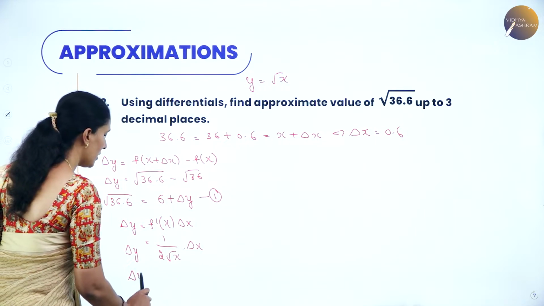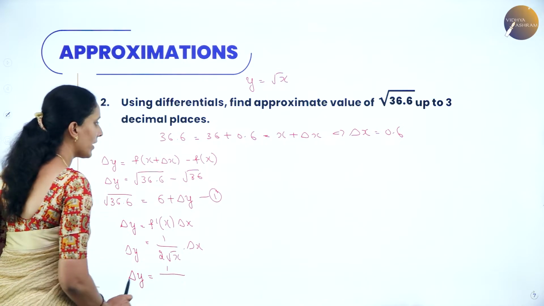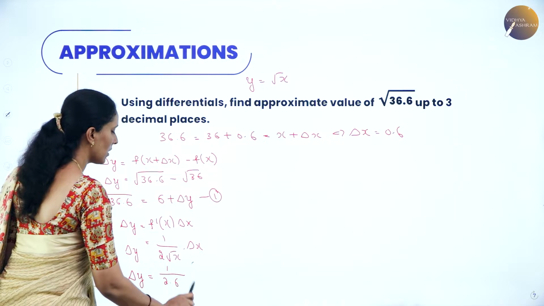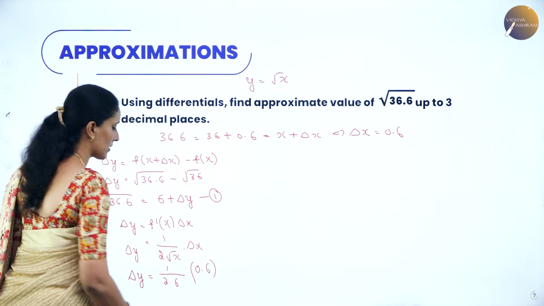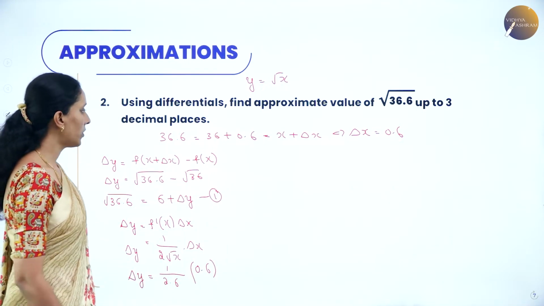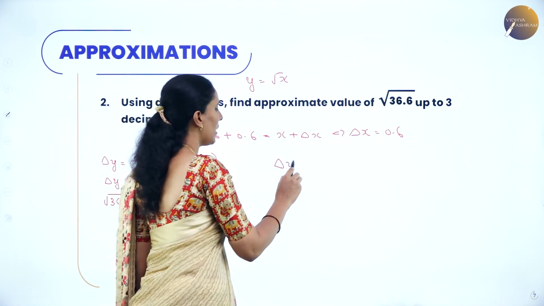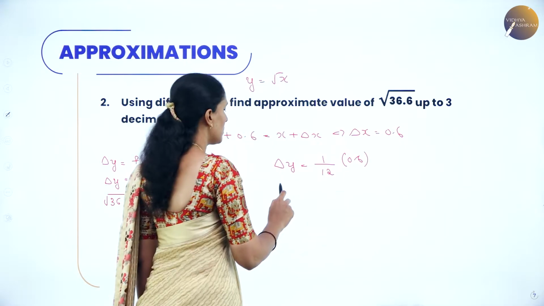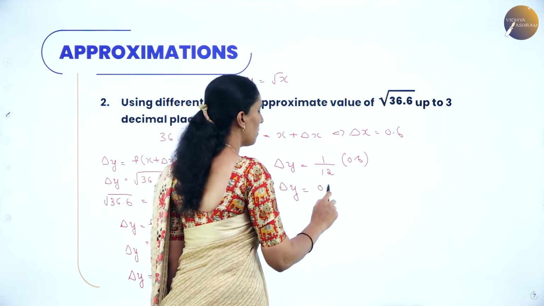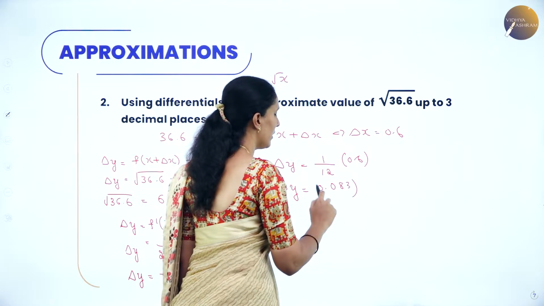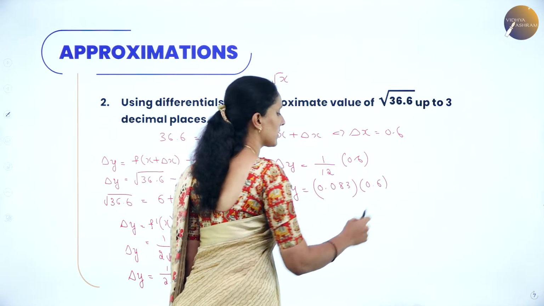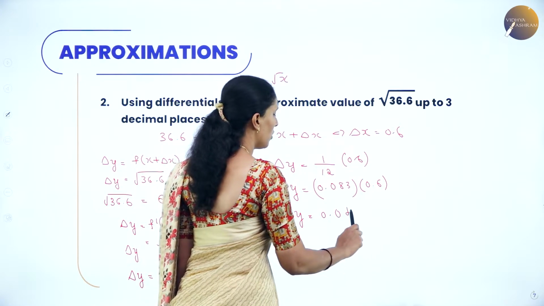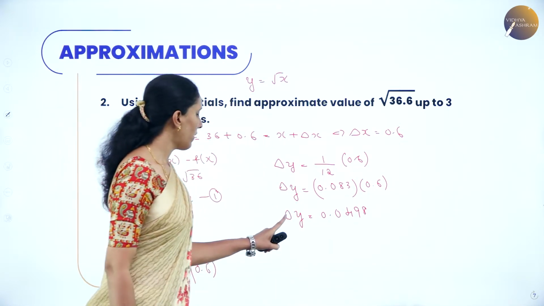Here square root of 36 is 6, so 2 into 6, and delta x is 0.6. So therefore delta y is equal to 1 divided by 12 into 0.6. So delta y is equal to 0.083 into 0.6, so we get delta y is equal to 0.0498.